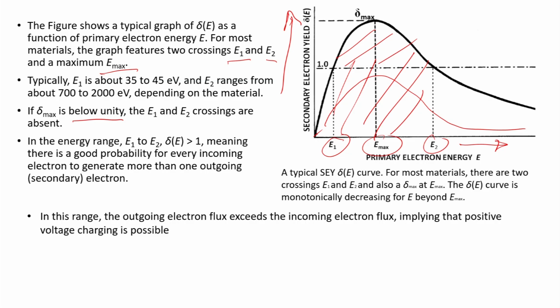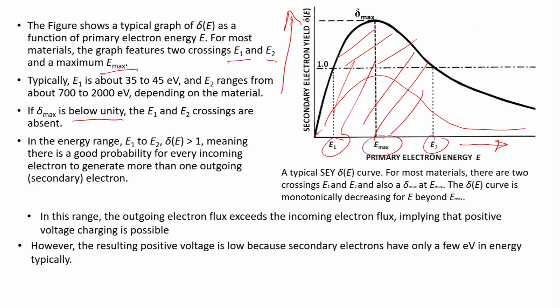Whenever the electron is leaving, it will decrease the level of the negative potential, but generally it does not matter much, because the positive voltage generated by secondary electron emission is very low, since these electrons typically have only a few electron volts of energy.